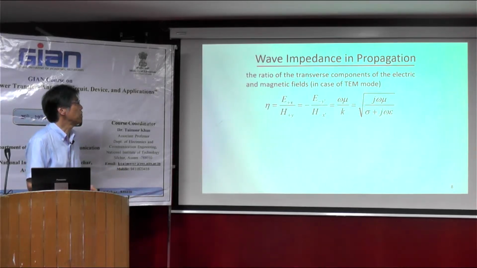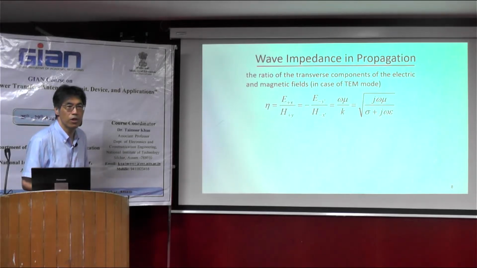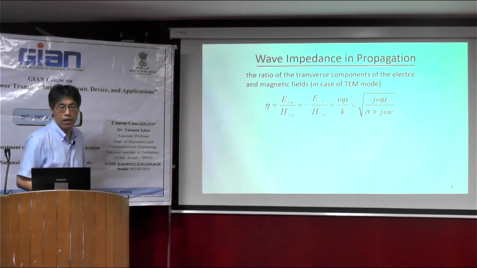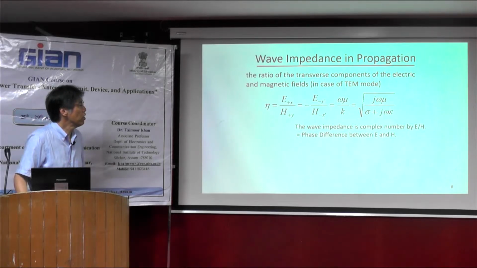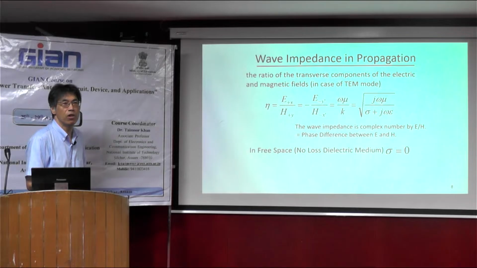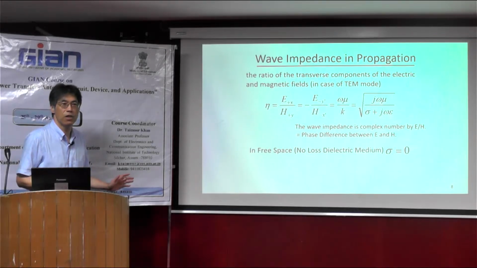So this is a wave propagation, first of all. And here you can see sigma, epsilon, mu, omega, etc. And I give you the condition of the free space. So if we assume free space, this sigma is equal to 0 because it's a free space.